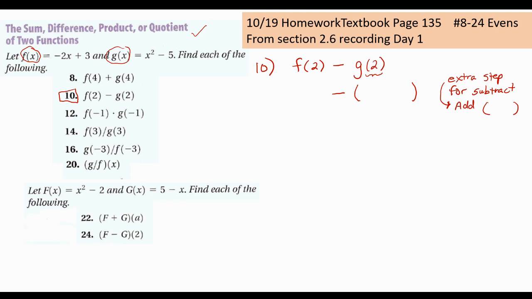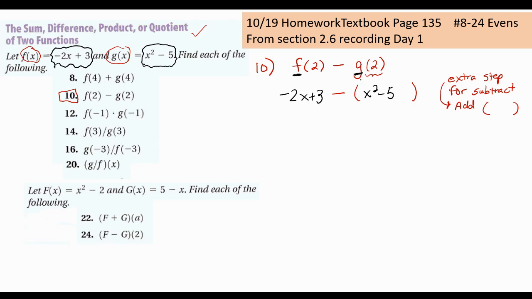All right, so I'm going to switch pen colors here. So the f function is negative 2x plus 3. So I'm getting that from right here. That's the f function. And then the g function is x squared minus 5. And that has to go in the parentheses.